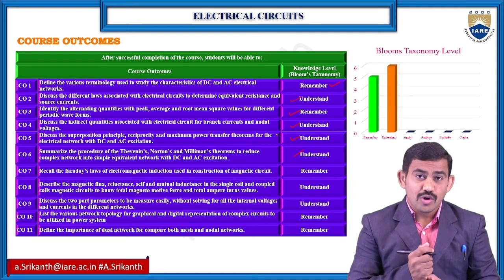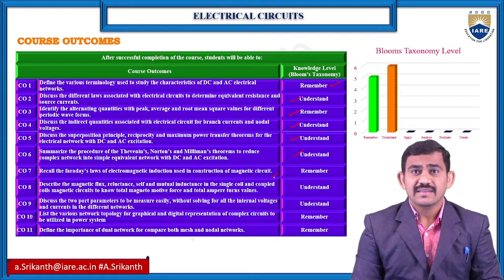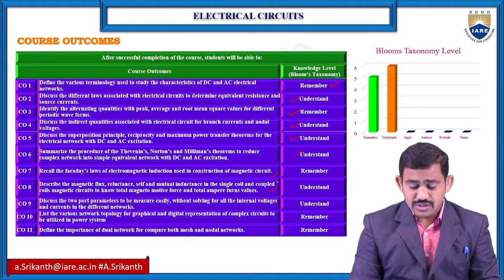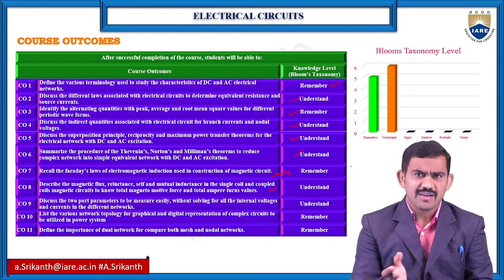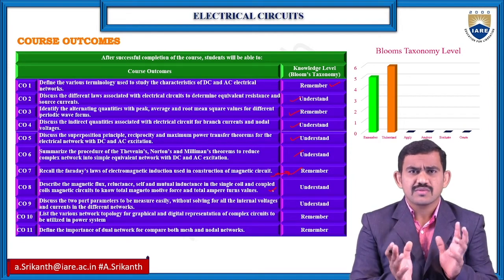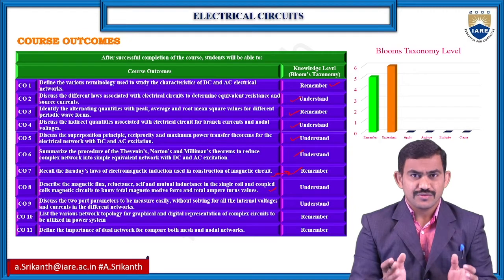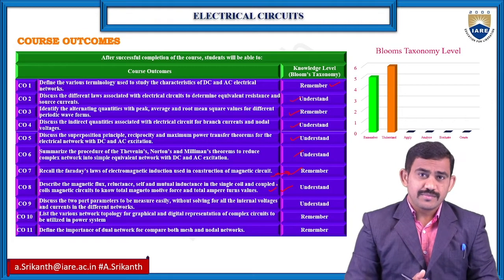And coming to the fourth module, we have Faraday's law and composite magnetic circuits. Faraday's law is from physics, the same thing we have, so that is remember. And for the composite circuit, we need to understand some logic on those composite magnetic circuits.